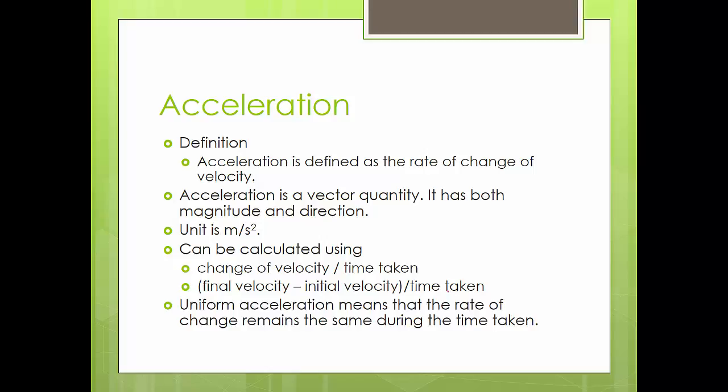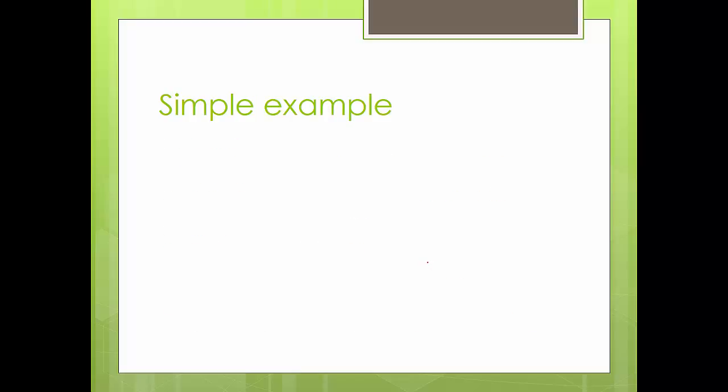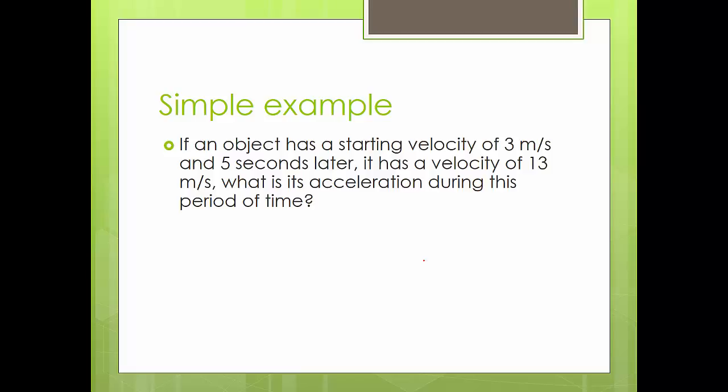Uniform acceleration means that the rate of change remains the same during the time taken. Generally, we'll only be dealing with uniform acceleration in this lesson. Using a simple example, if an object has a starting velocity of 3 meters per second and 5 seconds later the velocity has changed to 13 meters per second, so it becomes faster, what's its acceleration during this period of time?